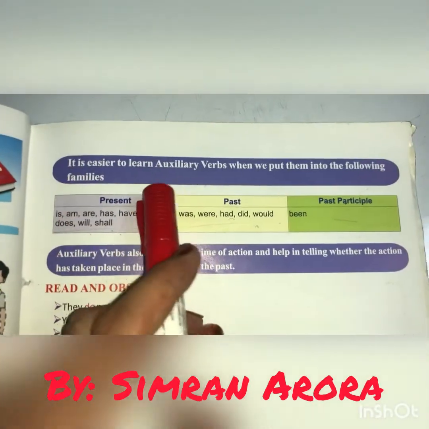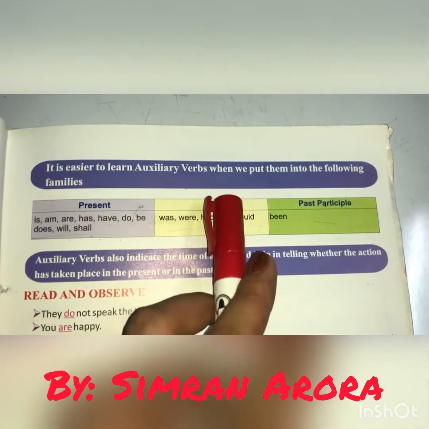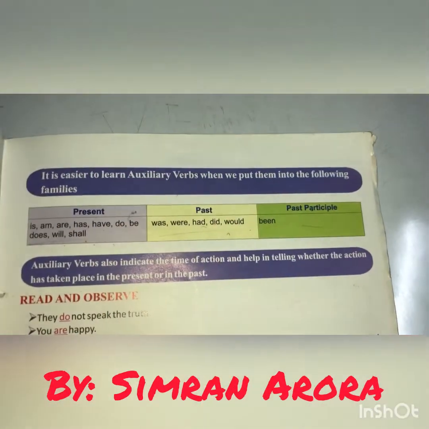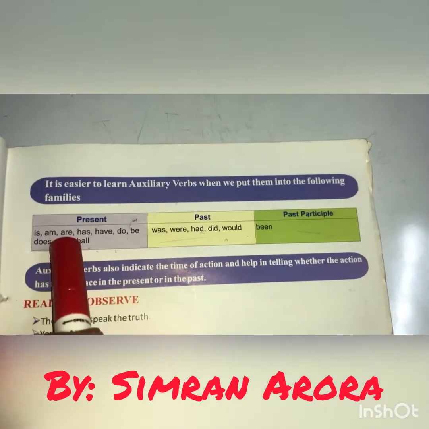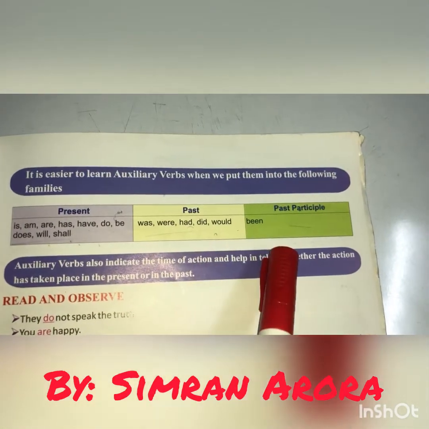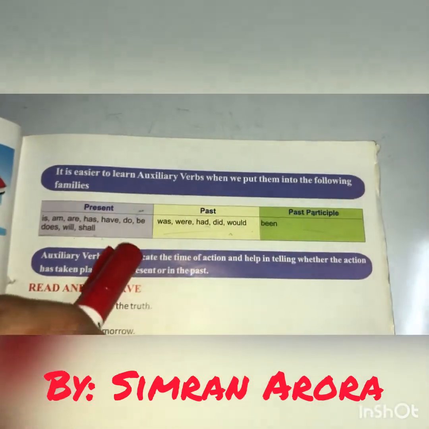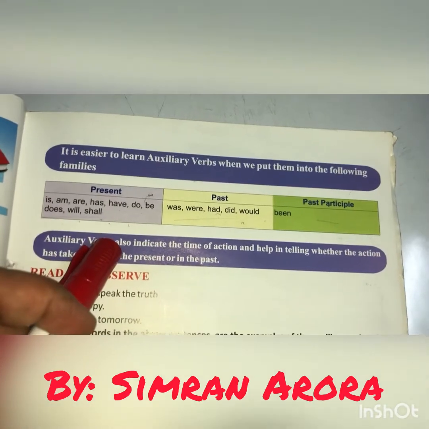It is easier to learn auxiliary verbs when we put them into the following families, and those families are present, past and past participle. Let us discuss the present family.